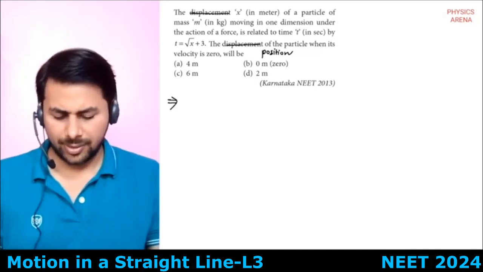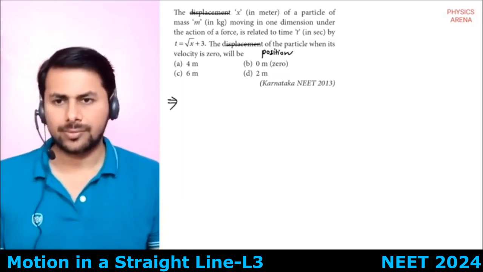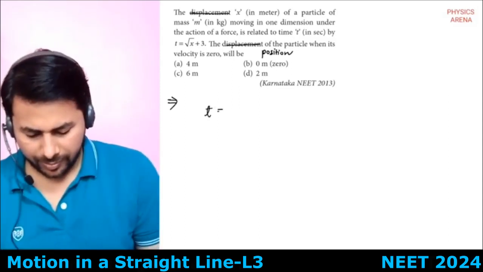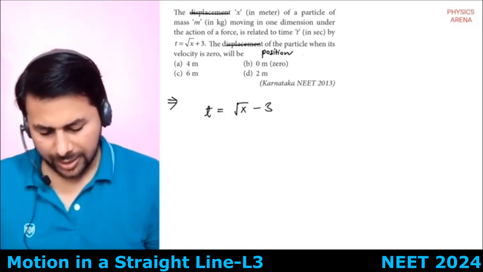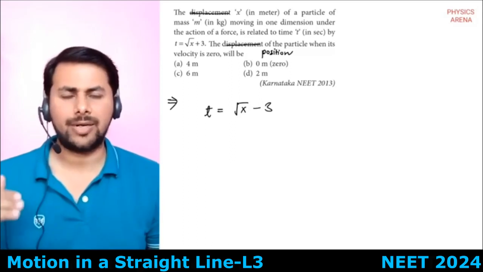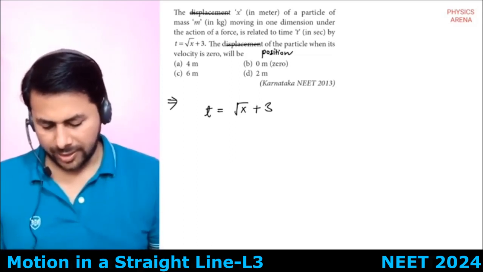Differentiate that, sir. Differentiate this directly. Okay, so in terms of position, we are given that the velocity becomes 0. That means we can find out dx by dt, right? So this is t equals x plus 3.